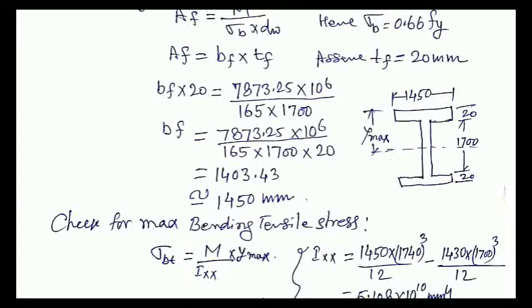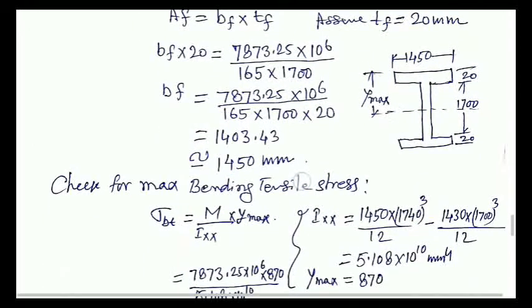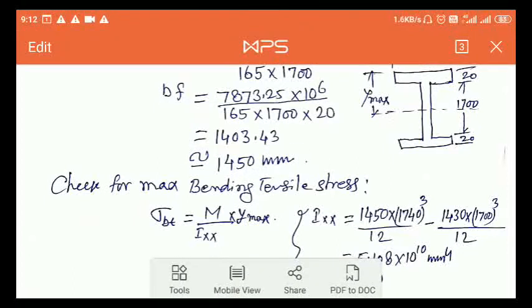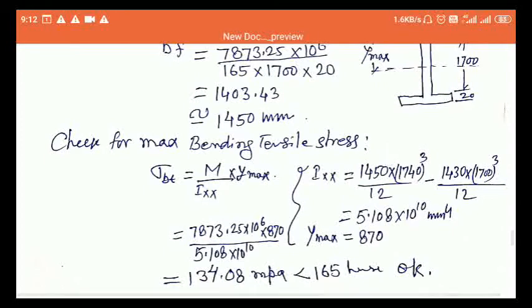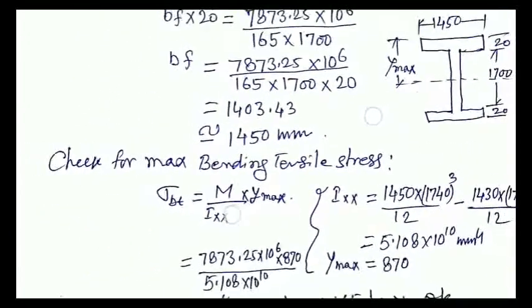Again, assume the thickness of flange to be 20 mm. On putting the values and resolving, the BF comes out to be 1443 mm. You may assume it as 1450 mm.